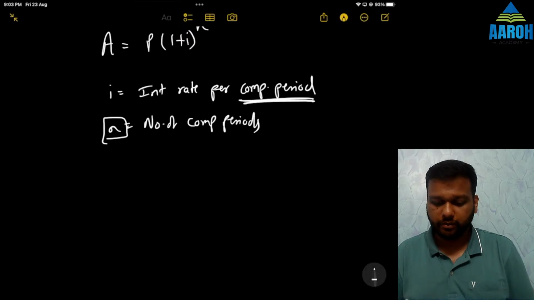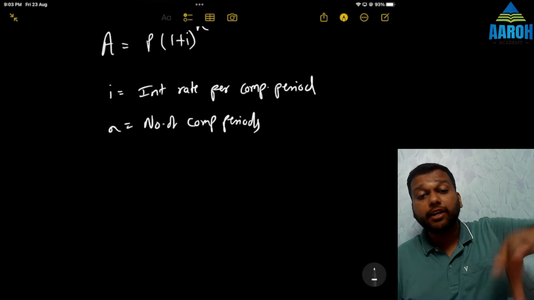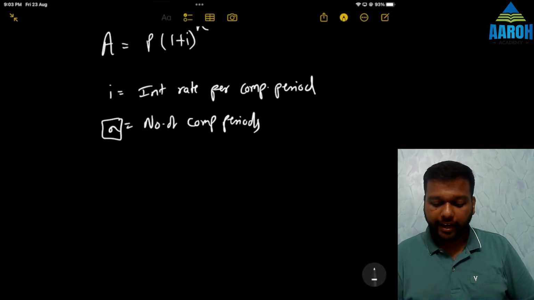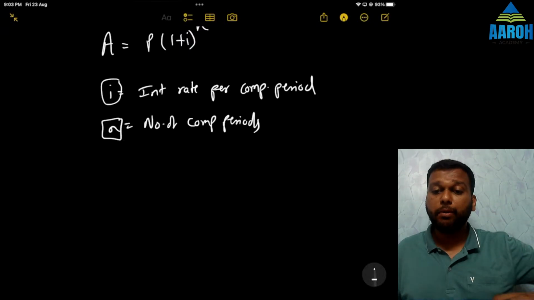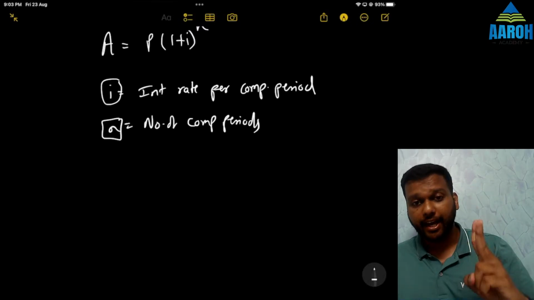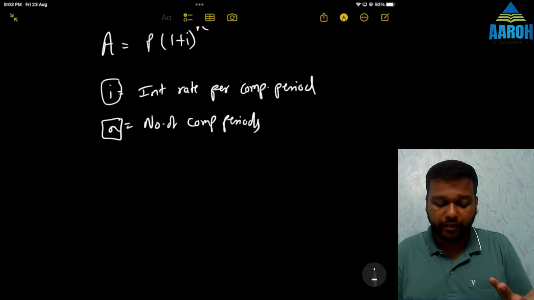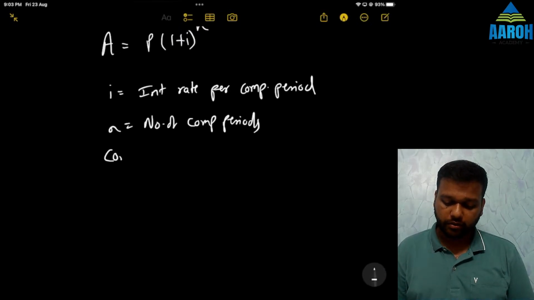But if we are doing this process every quarter, then n has to be the number of quarters and I has to be the interest rate per quarter. So understand, in compound interest we have to adjust I and n according to how often we are compounding, which is also called compounding frequency. Compounding frequency means how often compounding is done.